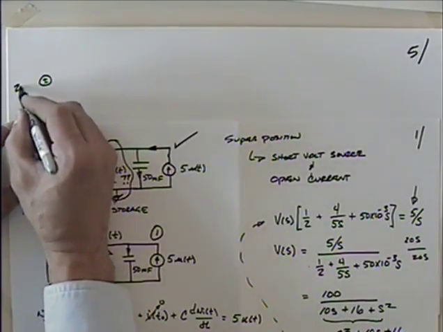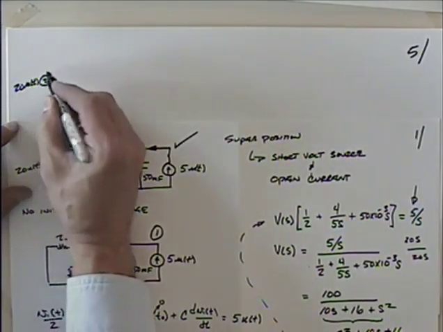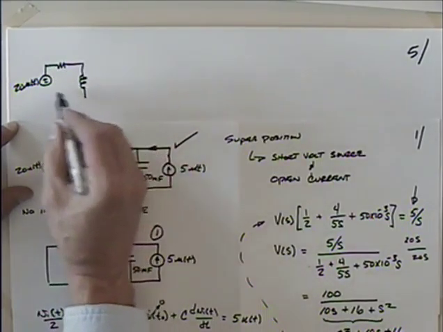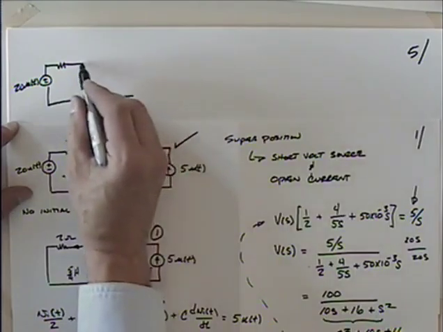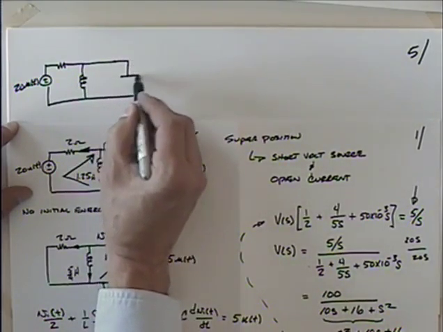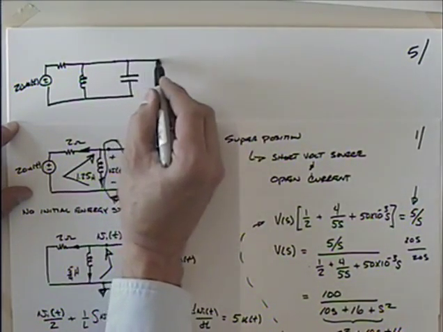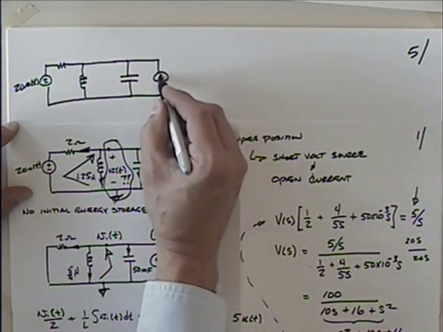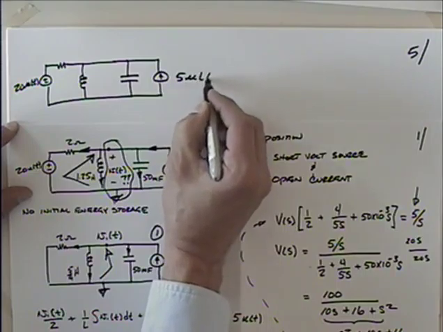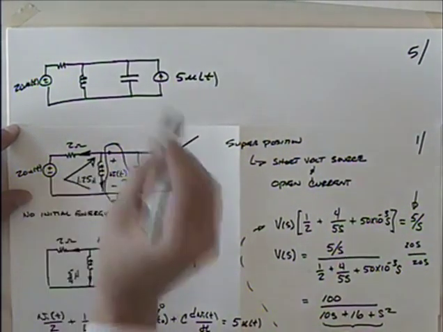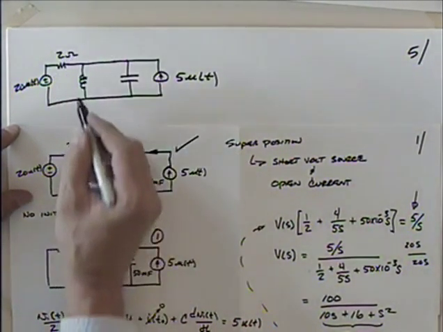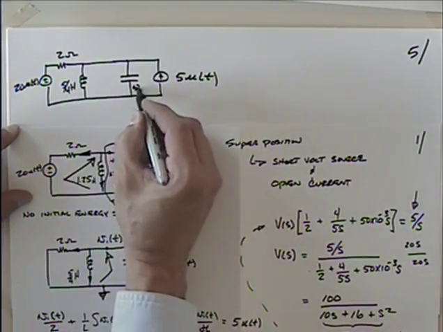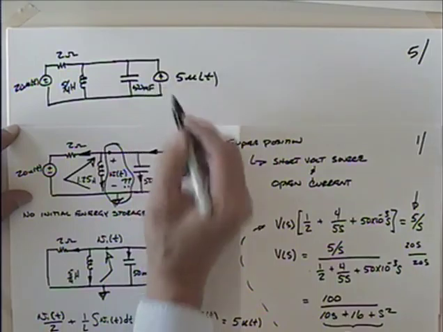So let's see, we've got 2 ohms here and 5 henries and 50 millifarads.